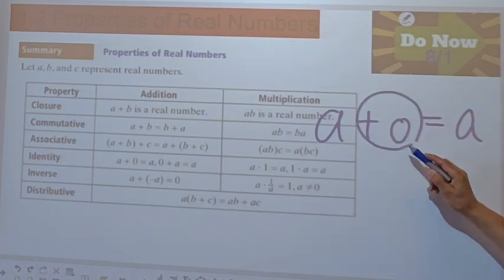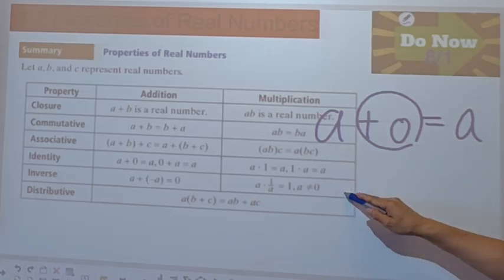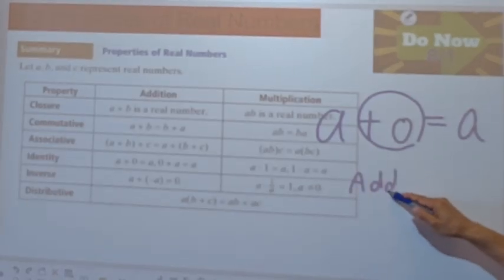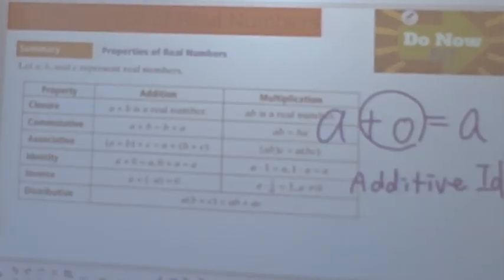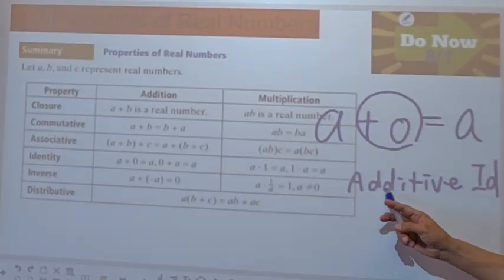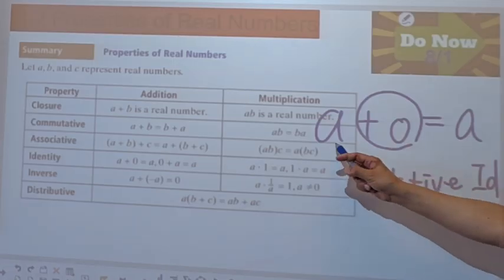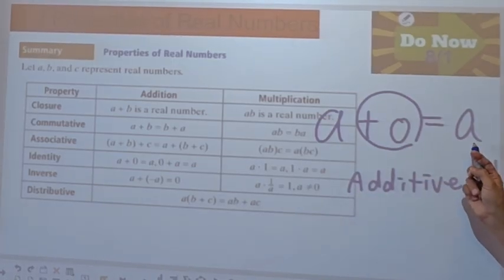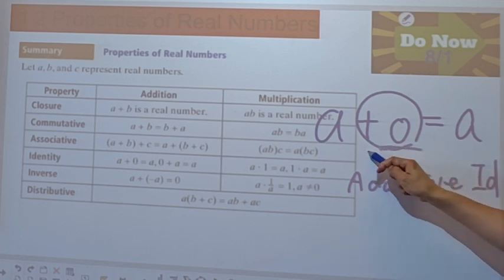So 0 is the identity of addition, the additive identity. You better write ID because inverse is IN, right? So additive identity. Everybody got it? So A plus 0 becomes A. Sometimes A equals A plus 0, same thing. You see the 0 there? That we call additive identity.